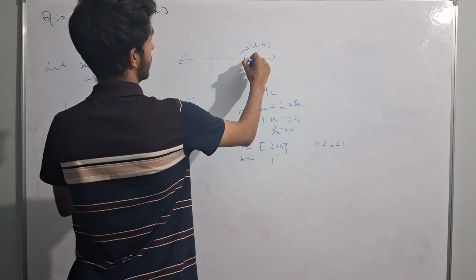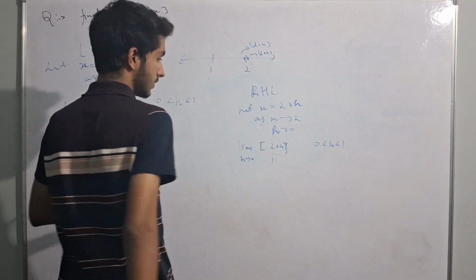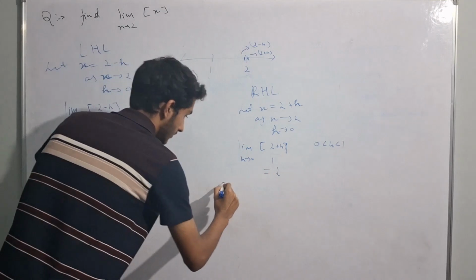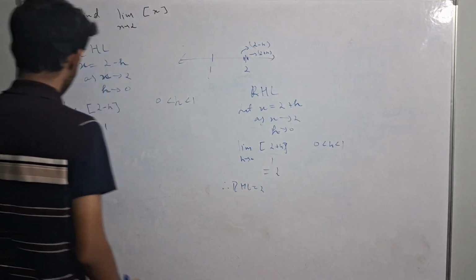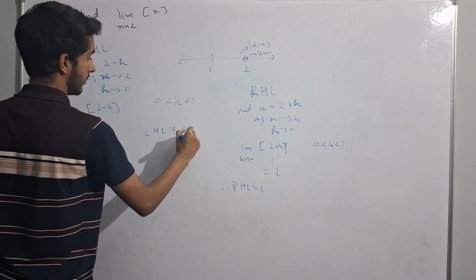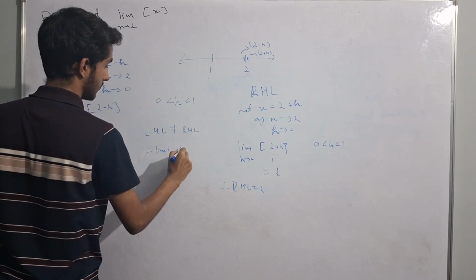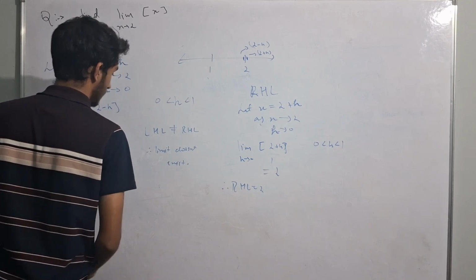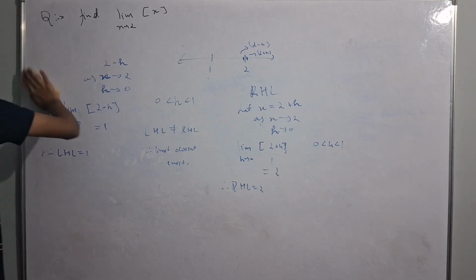So this is going to lie somewhere here. So the answer would be 2. So right hand limit is equal to 2. So left hand limit is not equal to right hand limit. Therefore, limit does not exist.